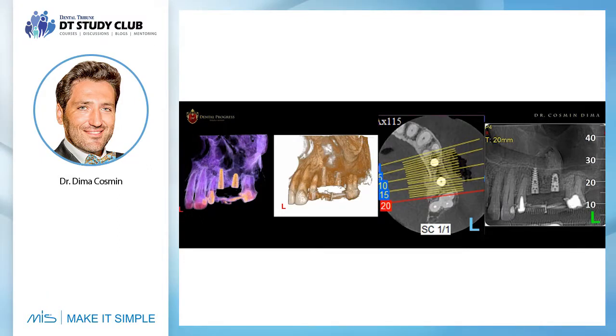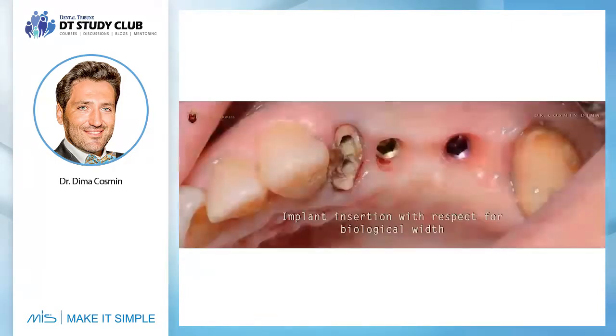So we have to put a little bit more material, but after the healing process, after 6 or 8 months, you will see that the area will be more compact and the height will be not so much like in this picture. Of course, we have to insert the implants respecting the biological width.